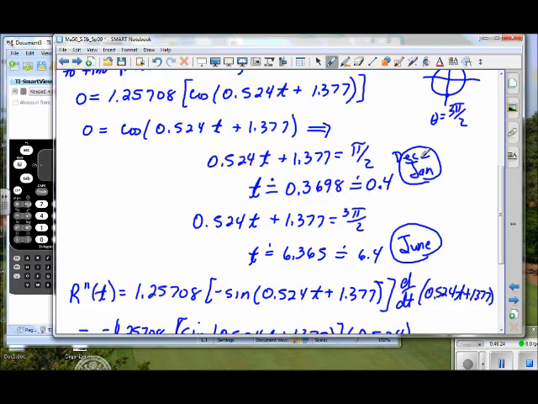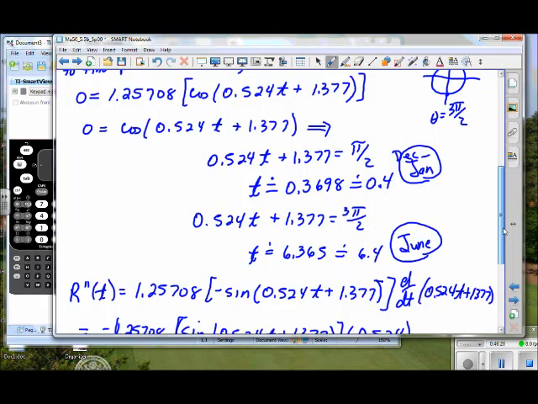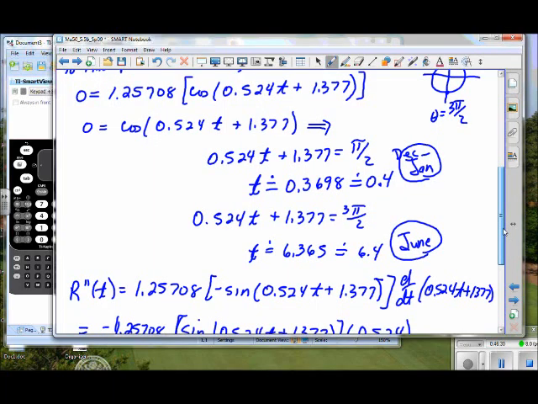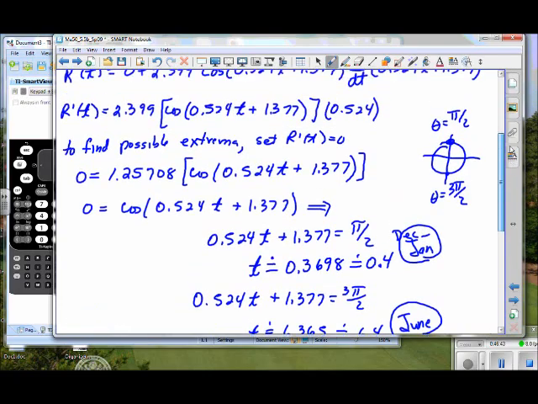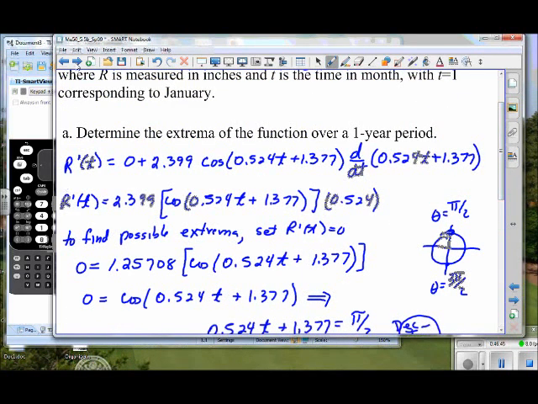I'm going to let that discussion be your decision there, but we know that it is cyclic, and we do know now that we have a maximum and a minimum, and it's in the December-January time frame and in the June-July time frame. Okay, so that finishes the first part of the problem, which is to determine the extrema.